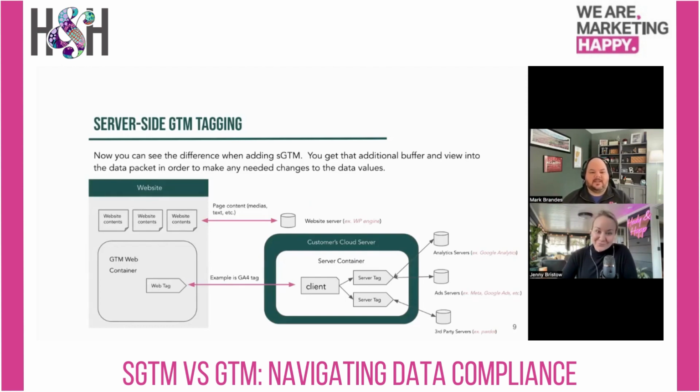Within there, you're going to accept those pieces of data into your sGTM. And now when they're in there, sGTM gives you a chance to actually adjust some of that data, to change it up. And then once you've changed it, you can do the same piece of movement that you did before, which is take that data and send it to the platforms. So you can continue that process after you've cleaned the data.